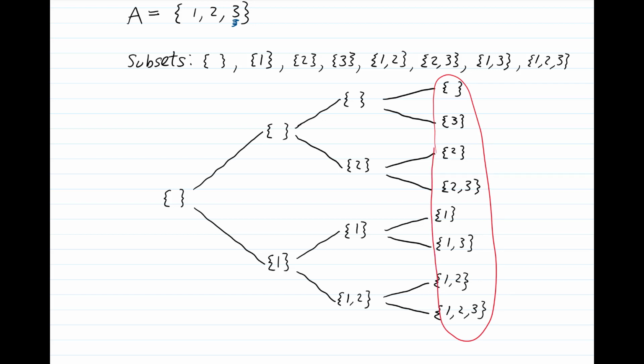Okay, so if I do it that systematic way, then I can find a pattern here. You see, I asked 3 questions, starting with the subset. Should I insert the number 1?